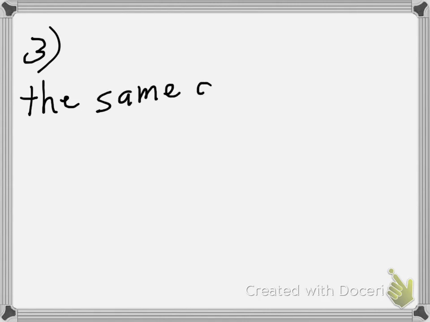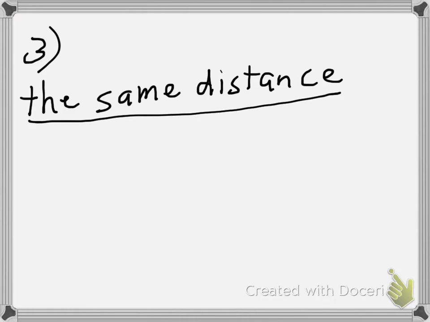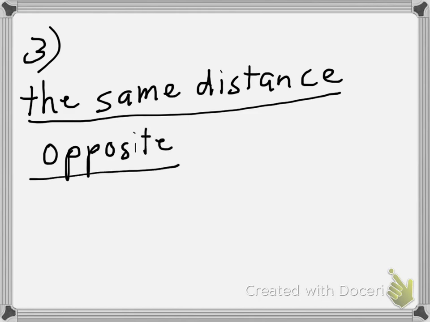For number 3, it says the graphs of two opposite numbers are the same distance. So the first blank will be the same distance. So that's your first line from the origin being 0 on a number line, but on opposite sides. So the second one is going to be opposite.